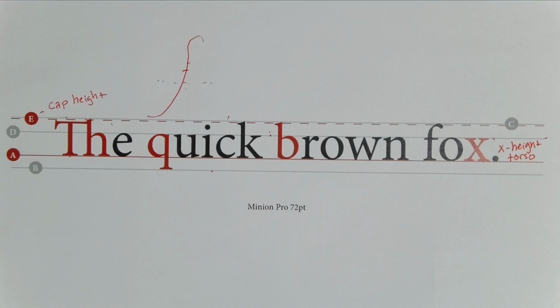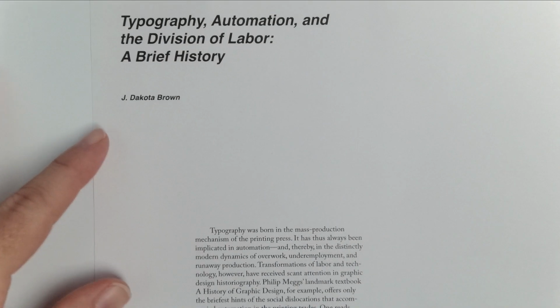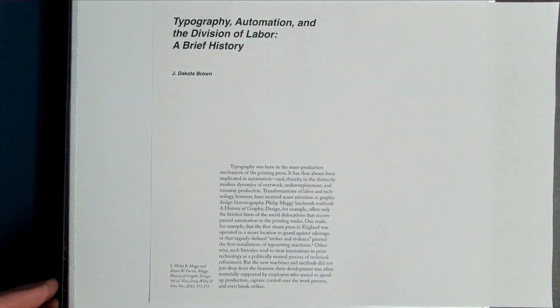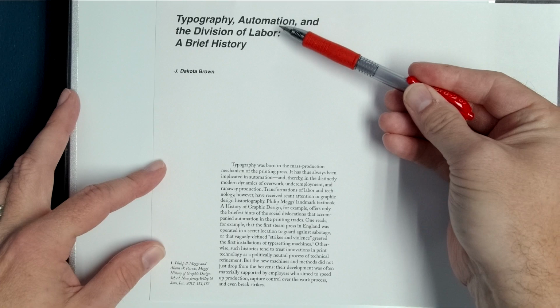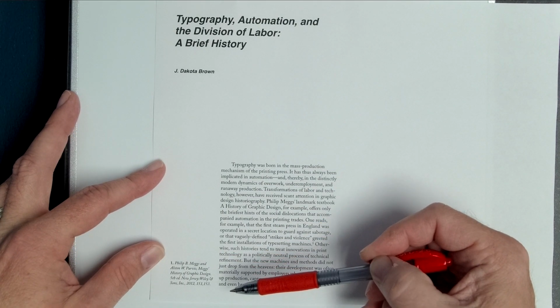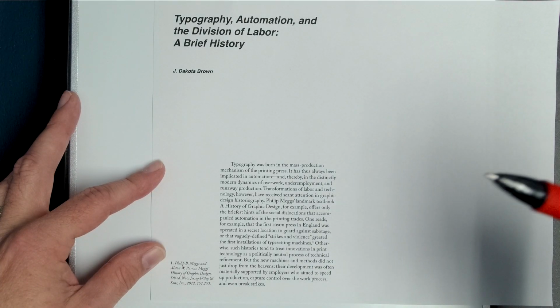Take a look at this page here. Okay, notice I have some type here at the top. I have a paragraph of text right here. I even have some more text down here at the bottom. So everybody recognize these different elements.